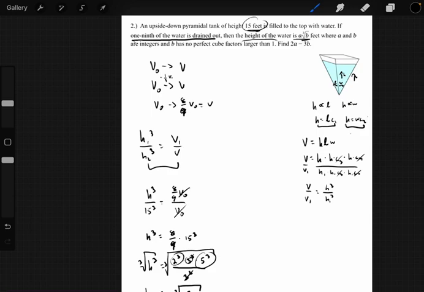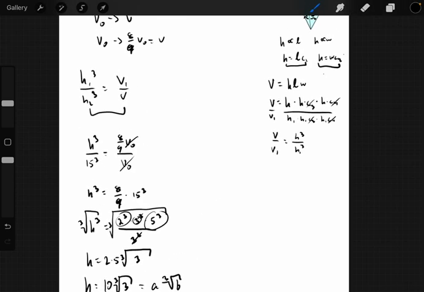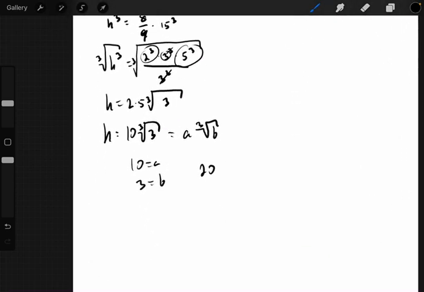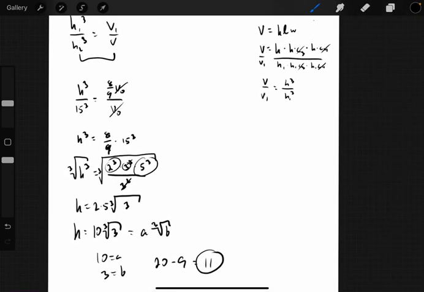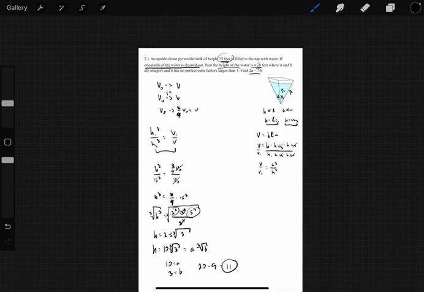It wants 2a minus 3b. 2a is 20. 3b is 9. That gets you 11. I hope that one wasn't too long. I think this one is relatively simple if you get this. So I'm hoping that made sense.